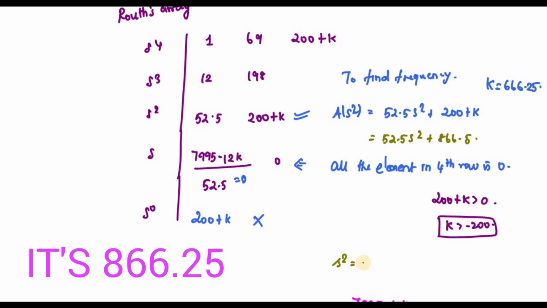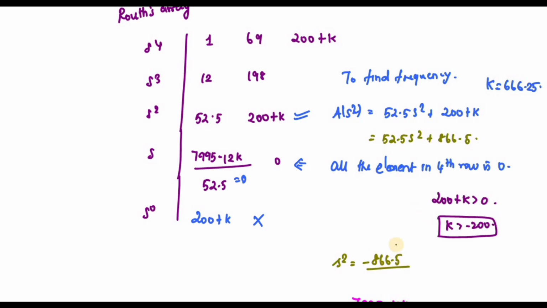From this, I can write s square is equal to minus 866.25 divided by 52.5, so s is equal to plus or minus j 4.062.